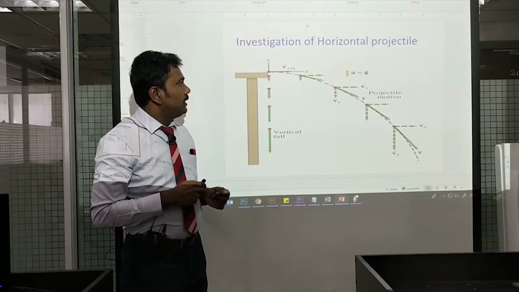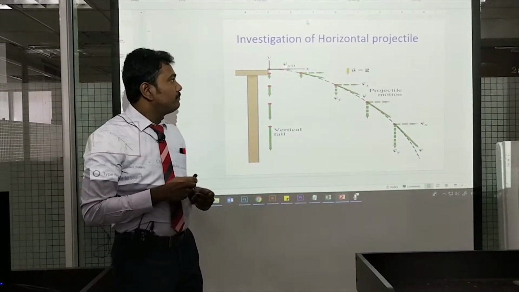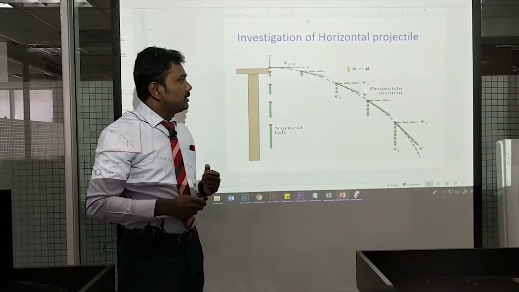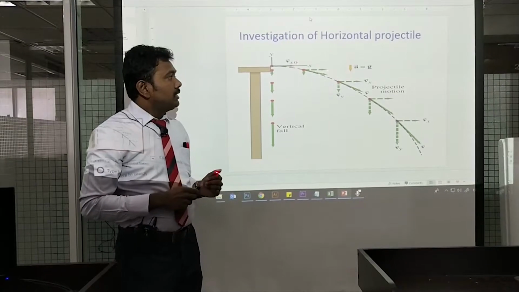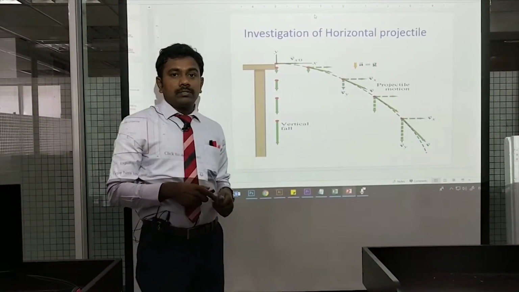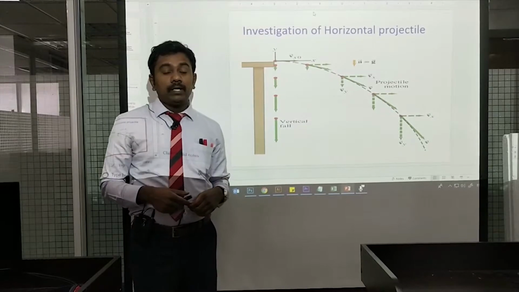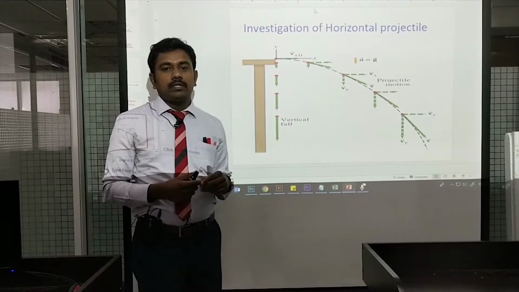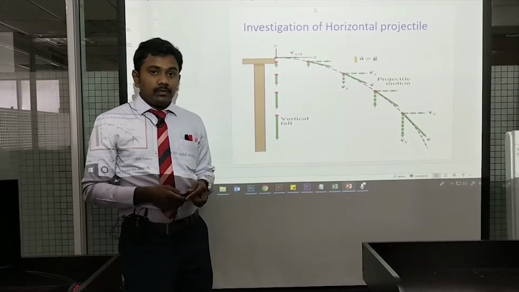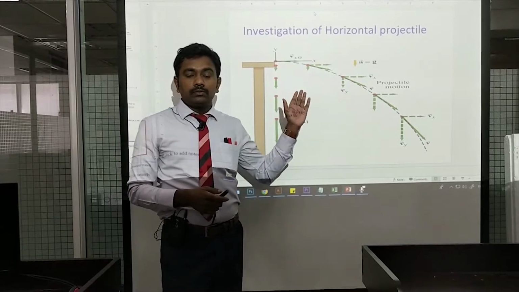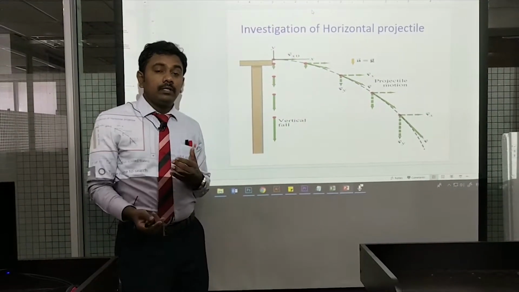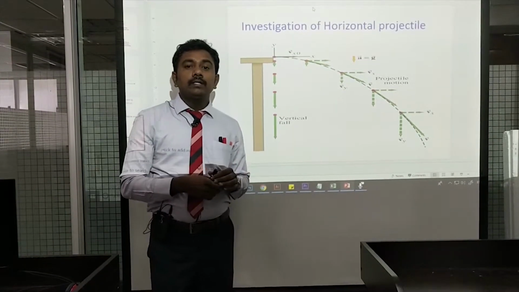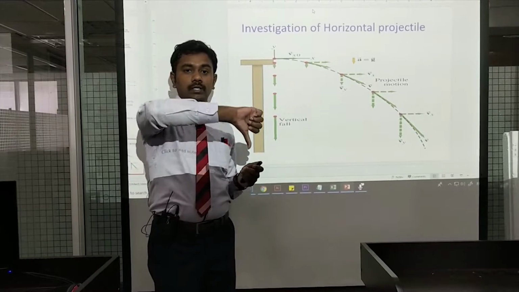Vx is always constant throughout the journey. If you look at the arrow lengths, which represent the magnitude of the horizontal velocity, they are always constant. It means in the horizontal direction the velocity of the projectile is constant; in other words, there is no acceleration. How? Recollect the only force acting on the projectile is the gravitational force, and it always acts vertically downwards.